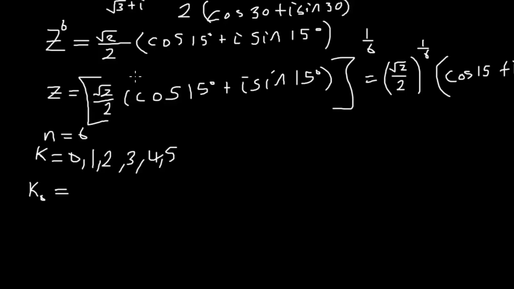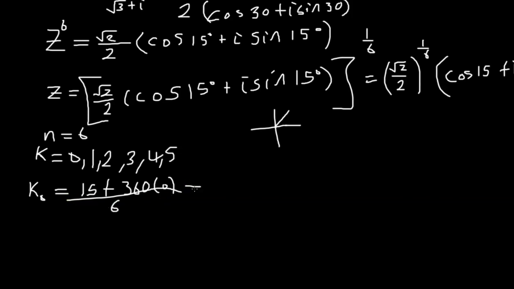So if they are all giving you positive numbers, it simply means this complex number lies in the first quadrant, so the angle that we're going to use is the same 15. When k is equal to 0, the argument is going to be 15 plus 360 times 0, and then everything over the value of n, which is 6.